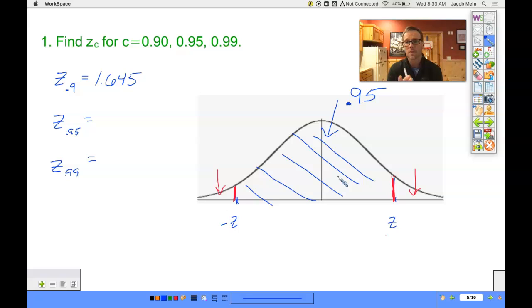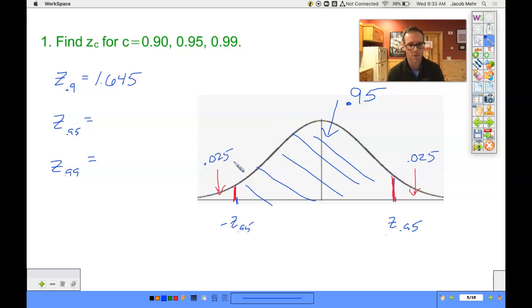If you haven't done so, pause your video, see if you can do this. All right, so here's how I'm doing it. 95% of the area is between these two. To me that means there's 2.5% here and 2.5% over there.